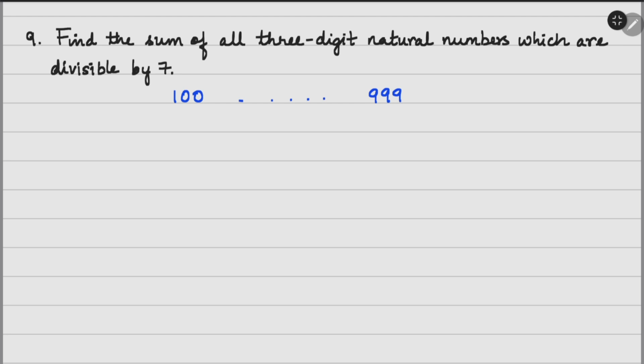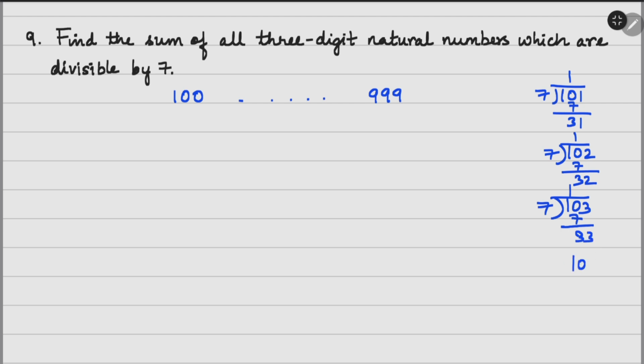So you have to tell me what is the first number immediately after 100 that is divisible by 7. 100 is not divisible, 101 you can check: 7 ones are 7, 31, again it's not divisible. 102 divided by 7, 7 ones are 7, 32, again not divisible. 103, 33, no. Check 104, again it will be 34. 105, if you divide it by 7, 7 ones are 7, 35, 7 fives are 35, right?